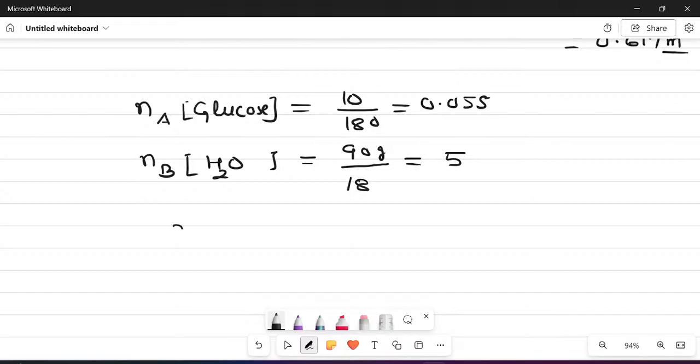So mole fraction of component A is Na divided by Na plus Nb.